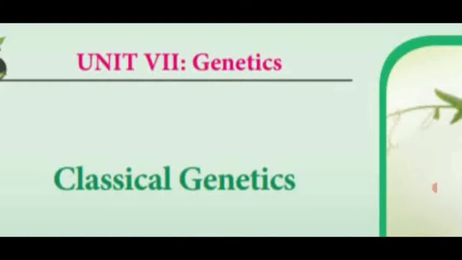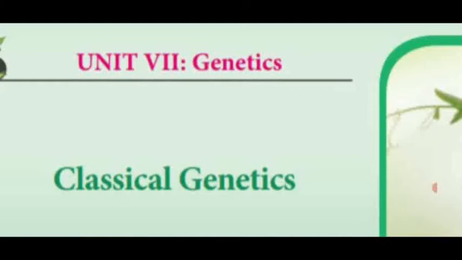So these alleles which are present in a pair, showing the same character means homozygous, different characters means heterozygous. If they are dominant, that is homozygous dominant, recessive means homozygous recessive.